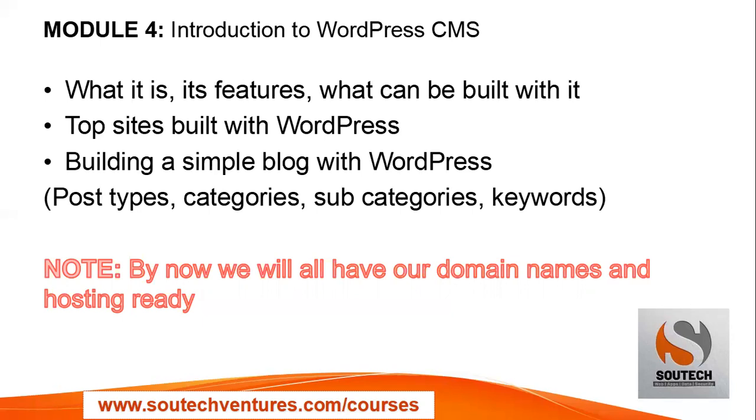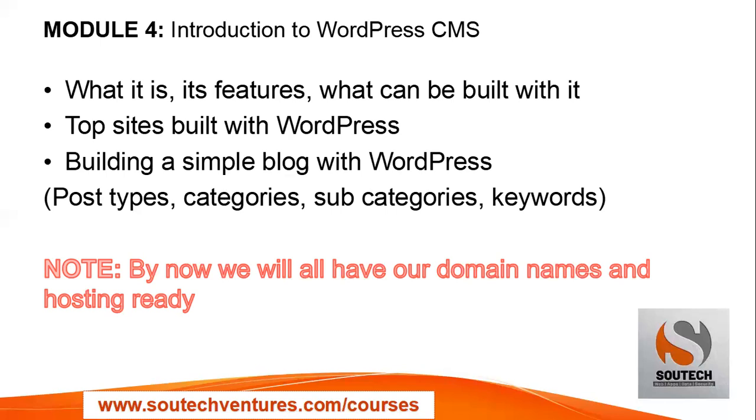If you are building a niche blog, let's say politics, what are the different categories in politics? Let's say politics, healthcare, technology, whatever. All of those categories, you want to learn how to break them down, then do subcategories, then understand keywords, then post types. We're going to look at all of these things and implement them.